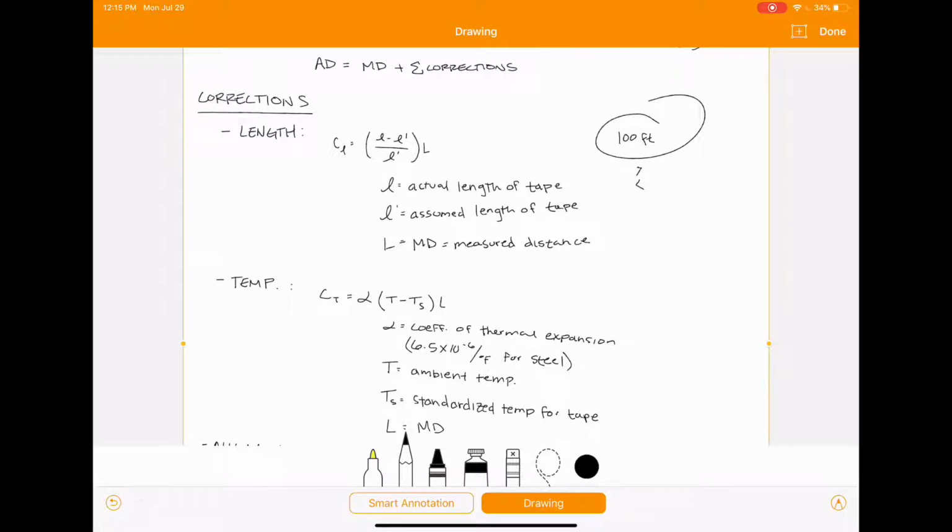This equation will correct for that anomaly in the actual length of your tape.